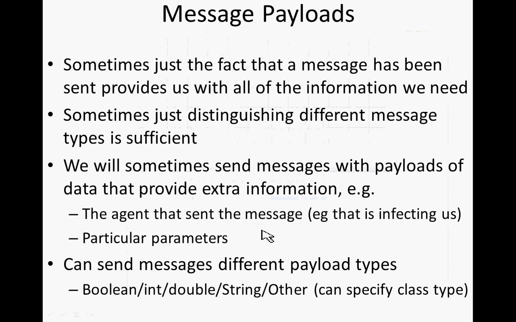When we send messages, we often send information with them. We may want to pass information about the context under which the message was sent, where a certain contact occurred in space, or the nature of the preceding situation, what led up to that. Some information is automatically passed. For example, you can automatically get information on who sent the message to you, so, for example, who infected me.